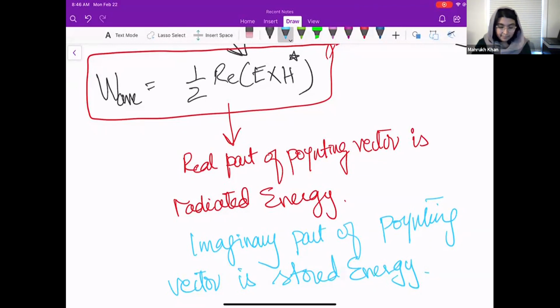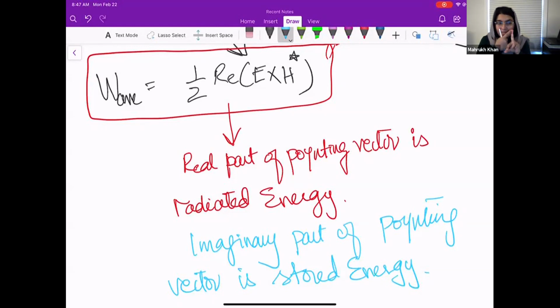So there are three things we said, okay? One thing we said is that our radiation power density is equal to the cross product of E and H, which is also called the Poynting vector, right?